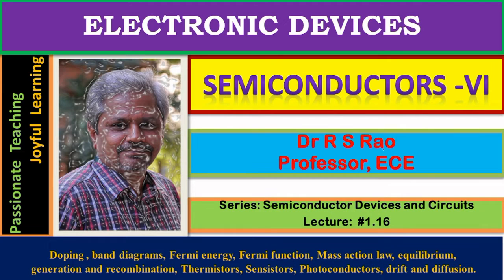Another basic difference between semiconductors and metals is that in metals, it is the drift phenomena that is responsible for the movement of carriers, electrons, whereas in addition to drift in semiconductors, there exists diffusion phenomena also.